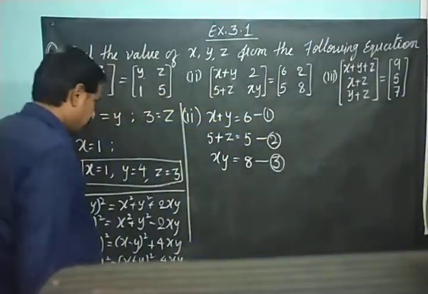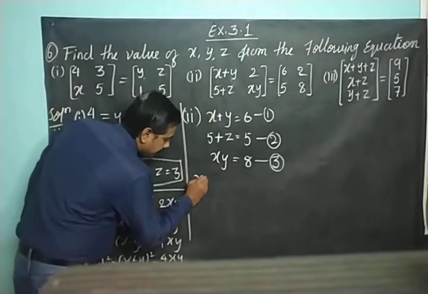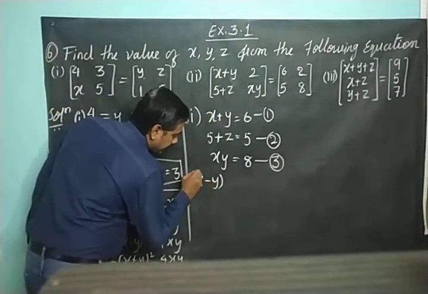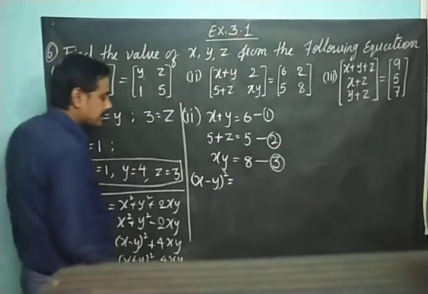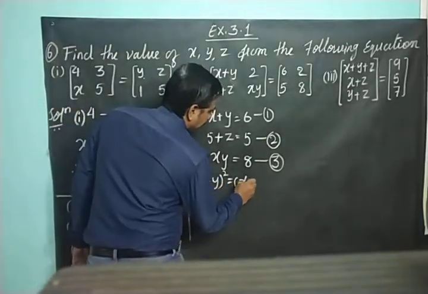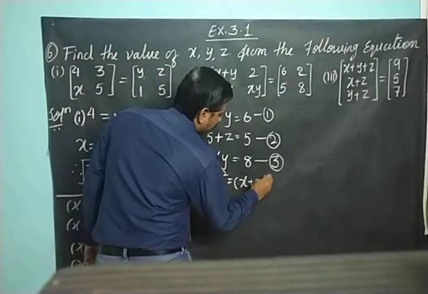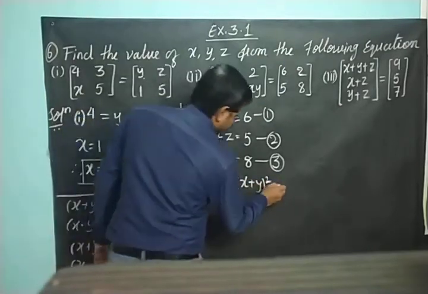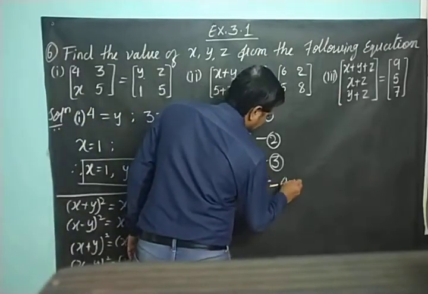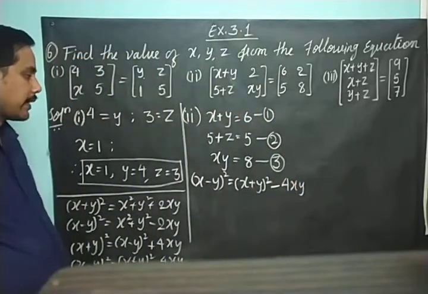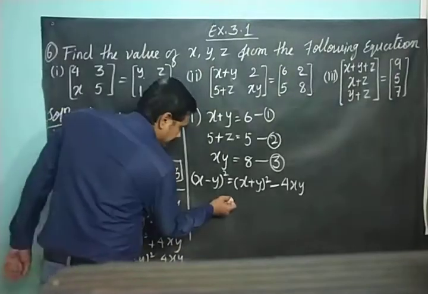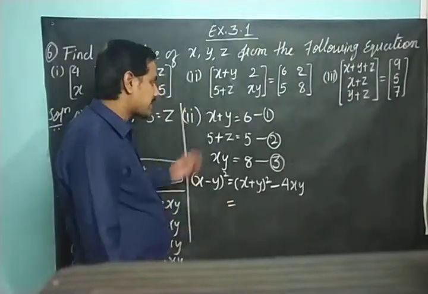So as I have written there, x minus y the whole square can be written as x plus y the whole square minus 4xy. What is x plus y?